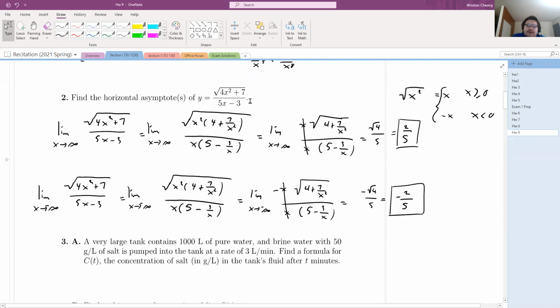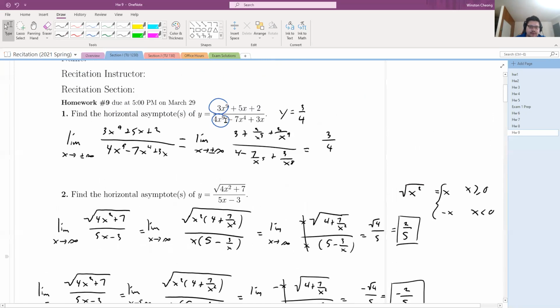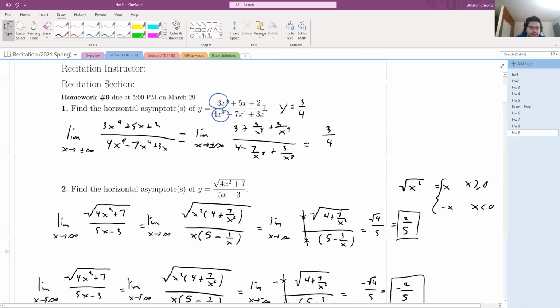Again, this is something you can do without actually calculating, as long as you're able to think forward and see all these steps. Just like with number 1, with these lower order terms disappearing, you would expect these lower order terms would also disappear, and you only care about the square root of 4x squared divided by 5x, and then you can estimate.